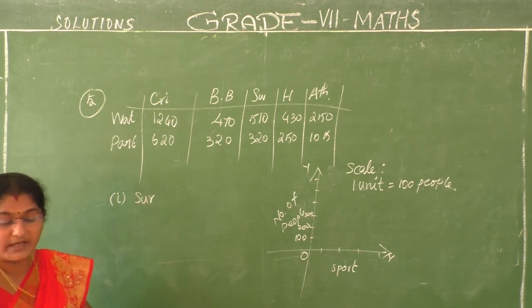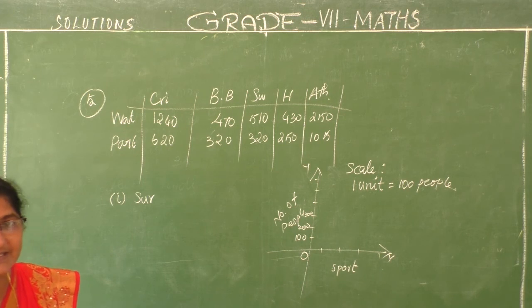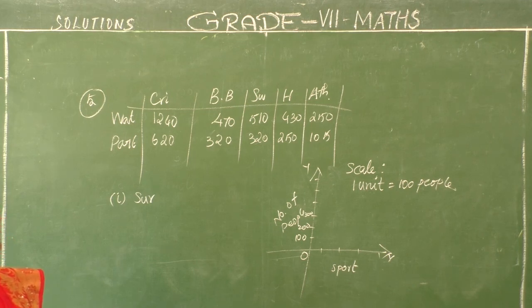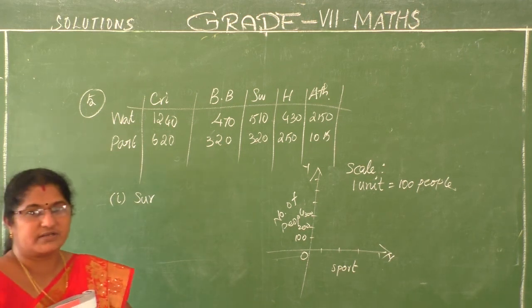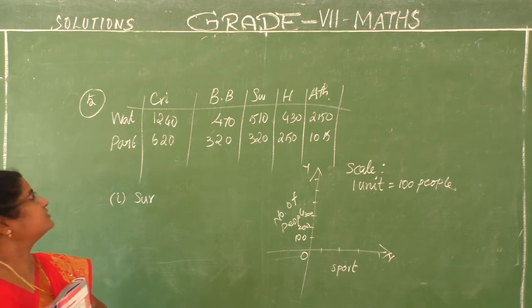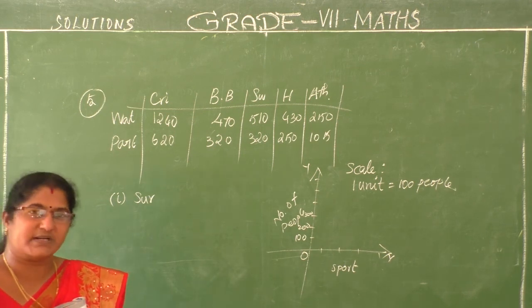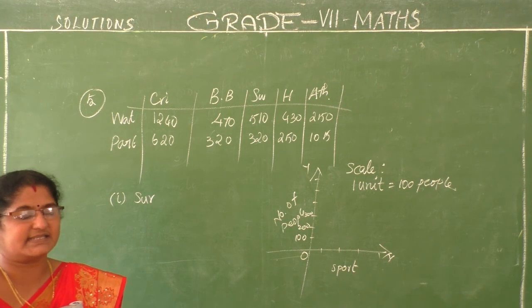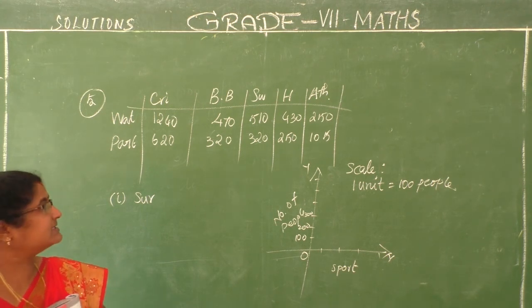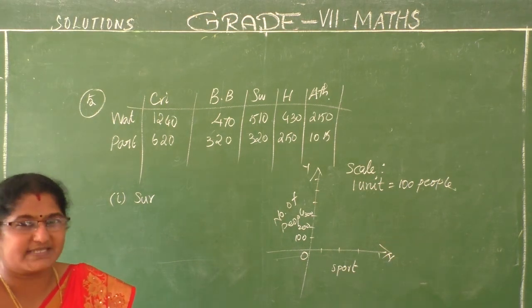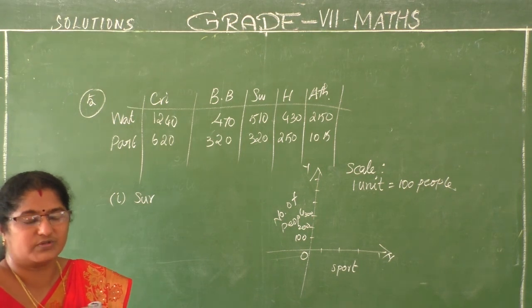Infer from the bar graph: what do you get? We can compare the people in the sport, those who are watching the sport and those participating in the sport. The interest of the people is in watching or participating. Which is more interest?